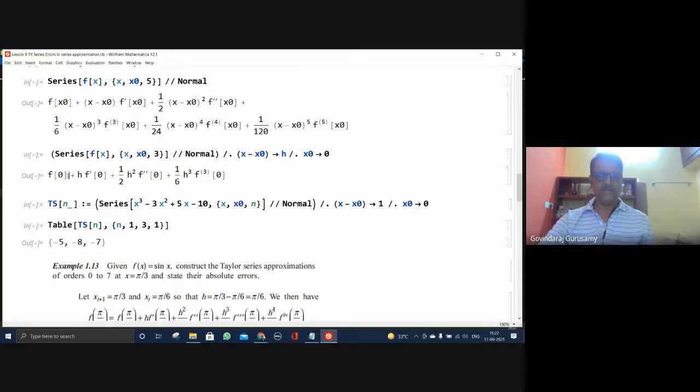We have the first case f of 0, then the first derivative f prime of 0, f double prime of 0, and so on. We have taken all the terms here. I can go ahead with this because this is a generalized function for any f of x. Therefore, there is not a problem. I can just change to some other function if you want.